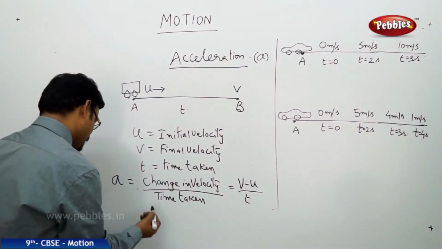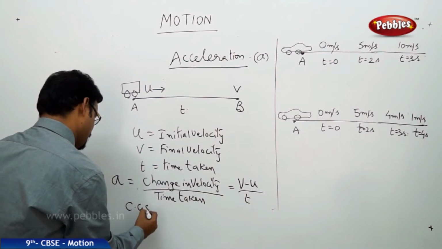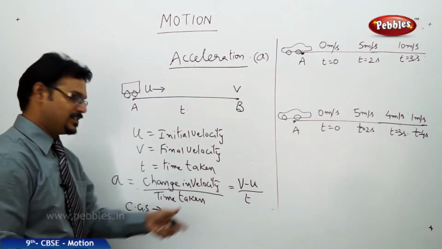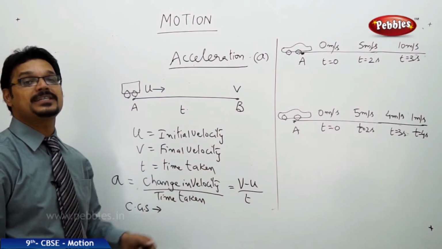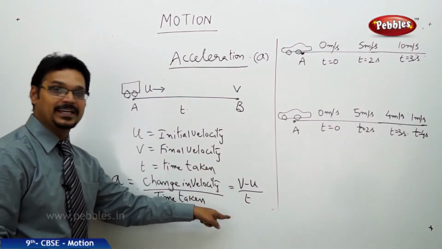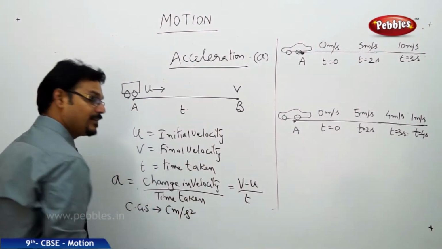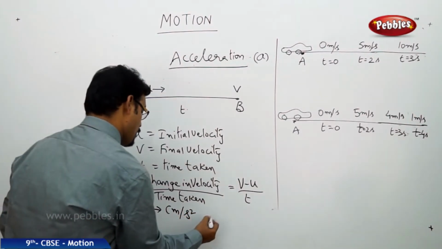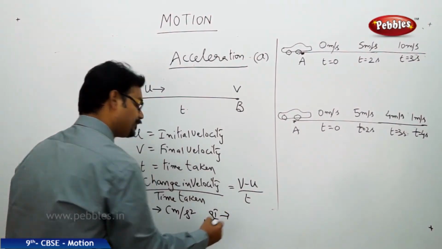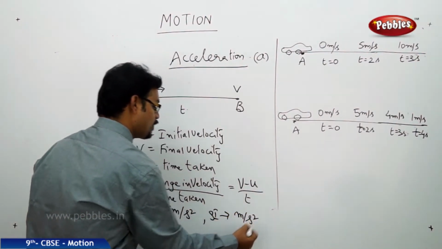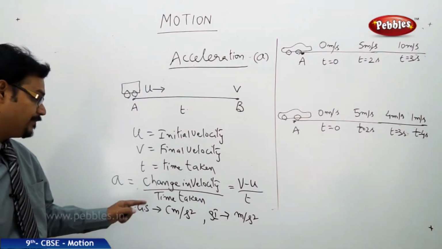Now, what is the unit? In CGS, v minus u in the numerator is velocity, so that unit is centimeter per second divided by second. So it is centimeter per second square. Now, what is the SI unit? SI is meter per second square. So remember this unit.